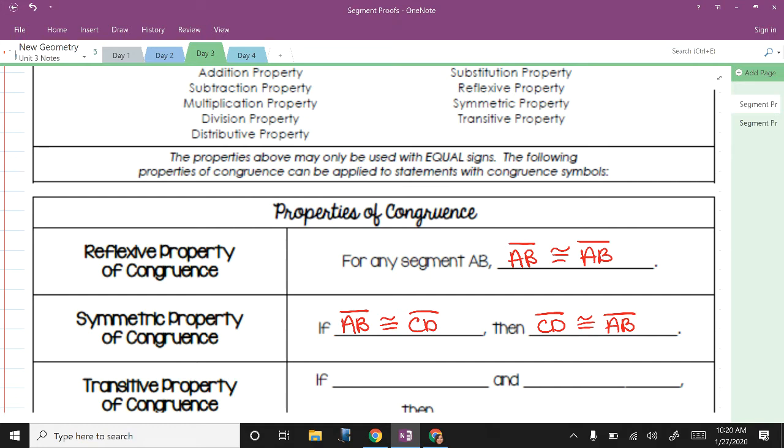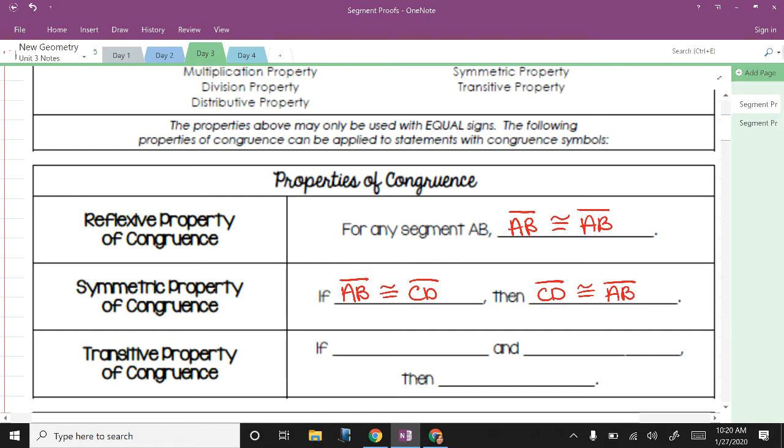And then we have the transitive property, which works like it did for equality. So what did the transitive property do for us? I like to say if two things equal the same thing, then they equal each other. So for congruence, if two things are congruent to the same object, then they're congruent to each other.